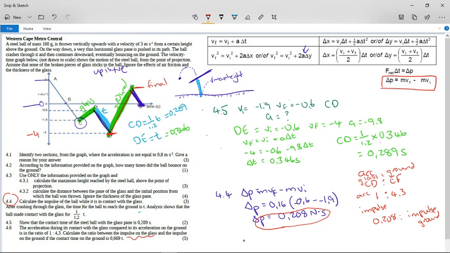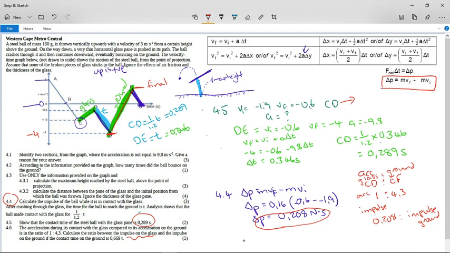But we've just worked out what this time was for the contact with the glass, and it's also given to you, this time is 0,289. So we can go back, and in this 4.5, remember I said we couldn't do this because we didn't know the acceleration when it was in contact with the ground.